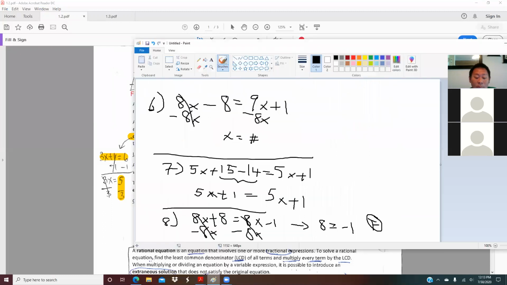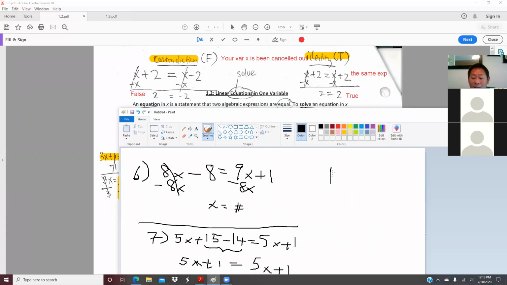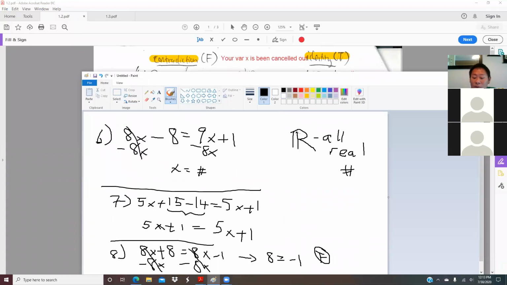Now, before I continue with question 19, when you have all real numbers in math class, we will use this symbol, a capital R with another line. This means it's all real numbers. So if you guys are lazy in the test to write all real numbers all the time, you can use this capital R. For interval notation it is -infinity to infinity.